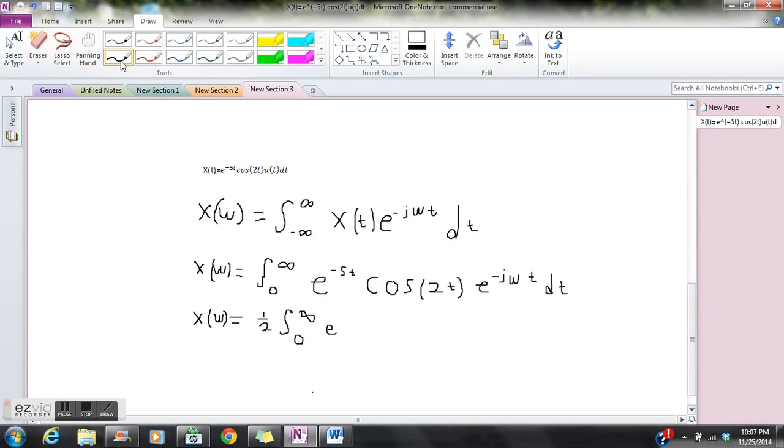It becomes one half of what you have in the first integration times e to the whatever the value in front of the t is times j, and then the minus version, and you're going to have a positive version in the other integral, which is why you need two integrals.